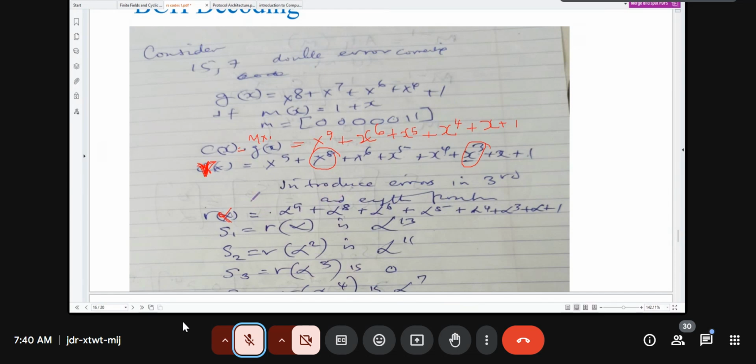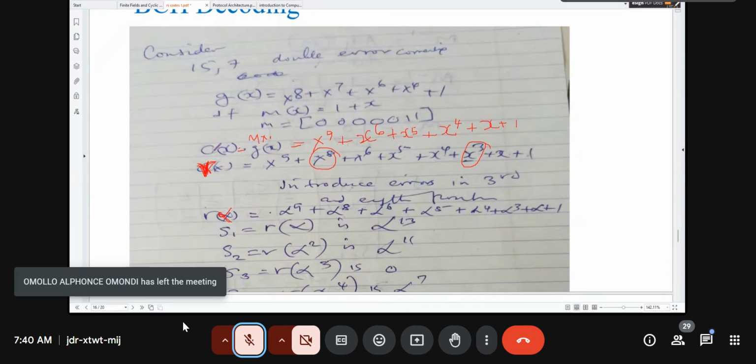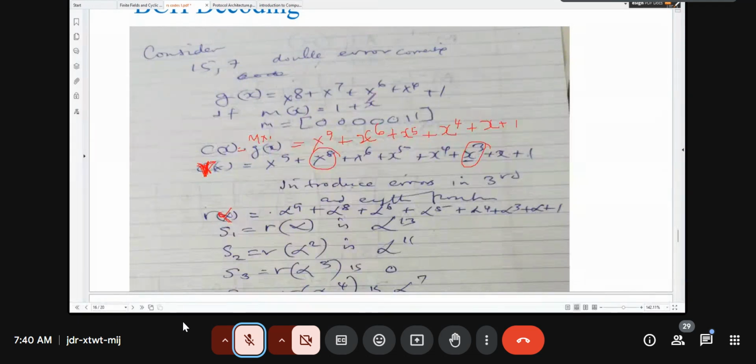So just correct on your document. When I was doing it, I made a serious mistake. So that is Cx. We are saying if this was your message and with this generator polynomial, what will be generated is this.